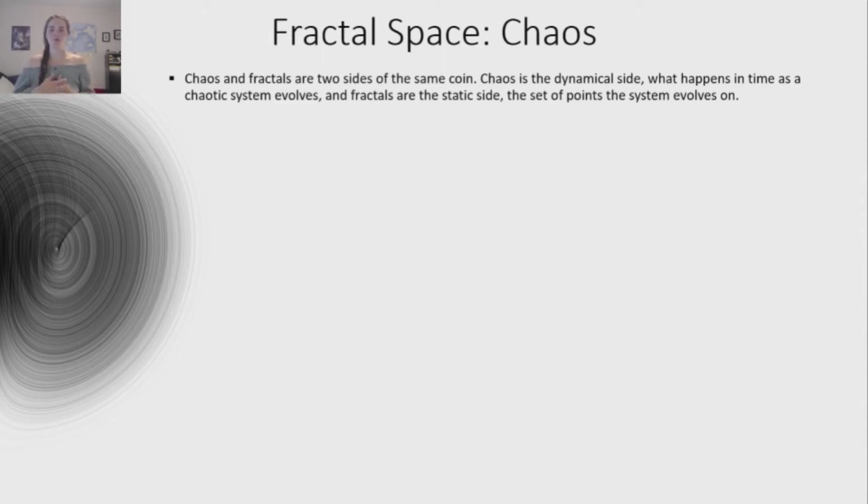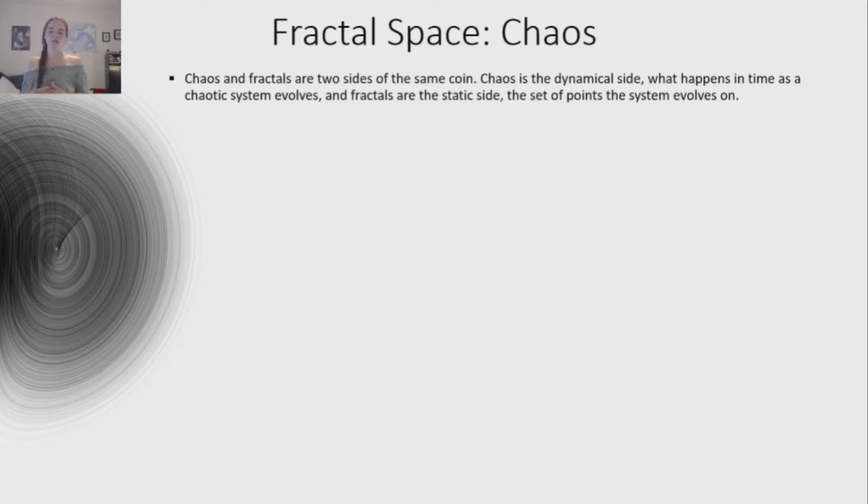So I'm basically going to make concrete the relation between fractals and chaos and hopefully just clear everything up. So chaos and fractals are two sides of the same coin. Chaos is the dynamical side, so what happens in time as a chaotic system evolves, and fractals are the static side, so the set of points the system evolves on.